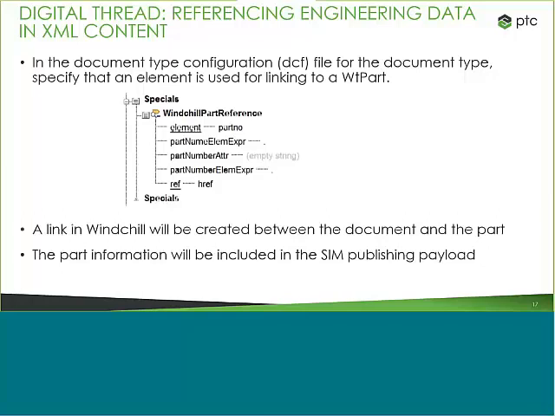Now what will happen when you use this is that a link in Windchill will be created between the document and the part. And then also the information about the part will be included when you publish from Service Information Manager.